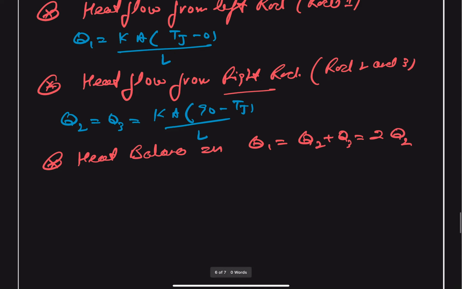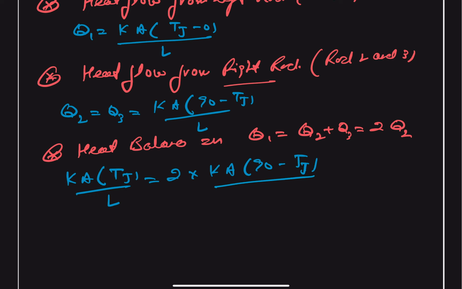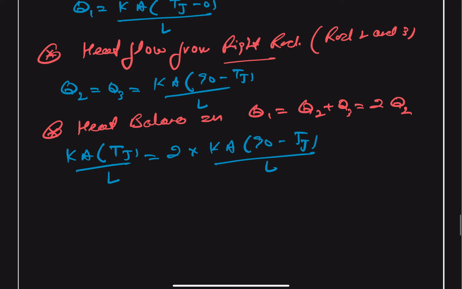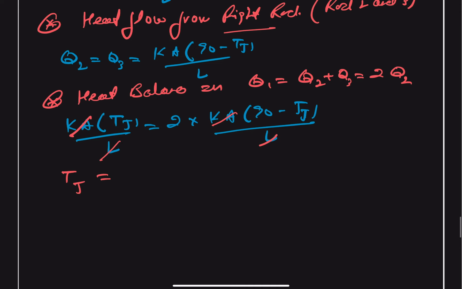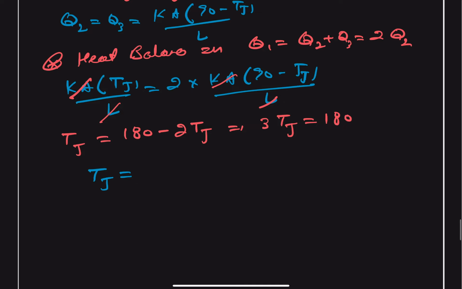We substitute the formula for Q1: Ka Tj divided by L is equal to twice Ka, 90 minus Tj, divided by L. Ka over L cancels out, so this gives us that Tj is equal to 180 minus 2Tj, which further gives us that 3Tj is equal to 180, and we have that Tj will be equal to 60 degree centigrade.